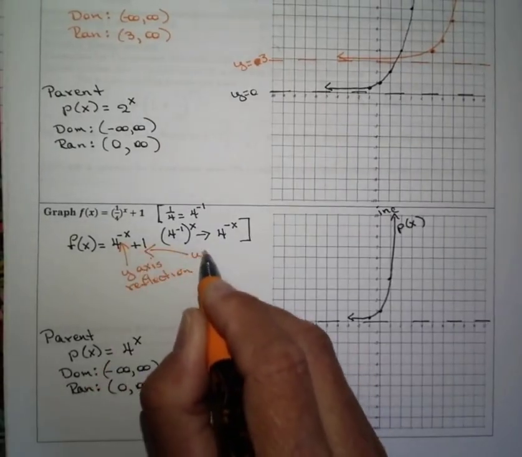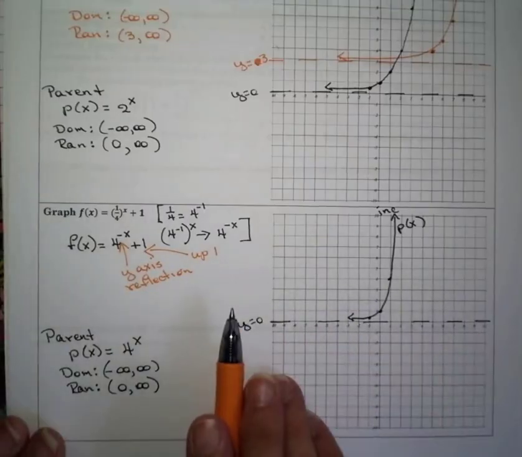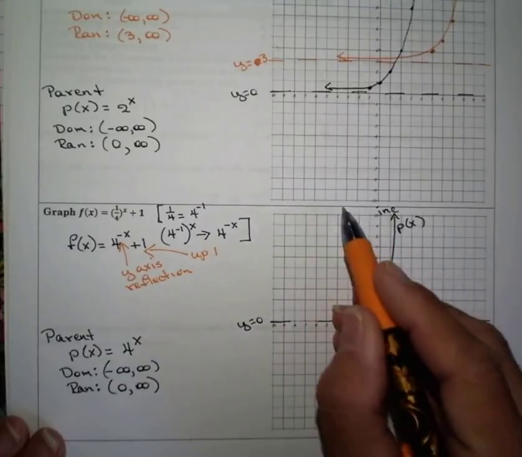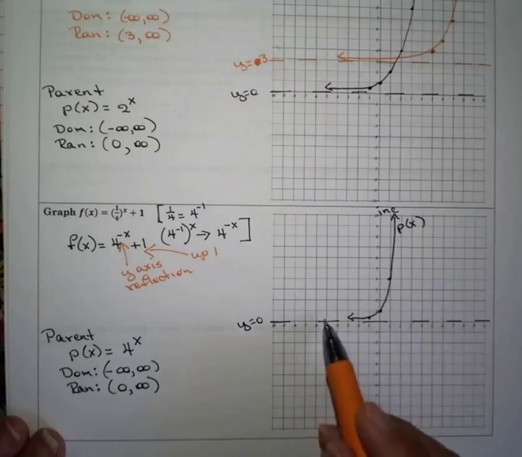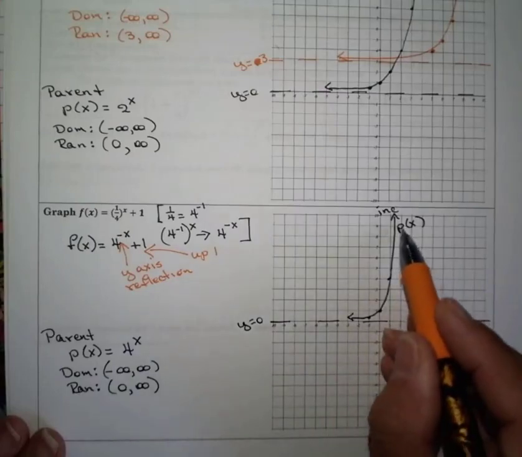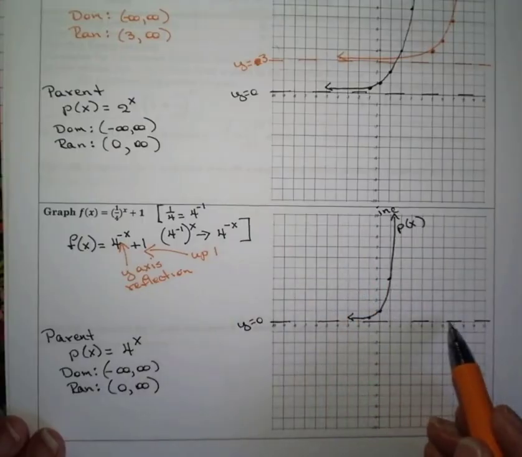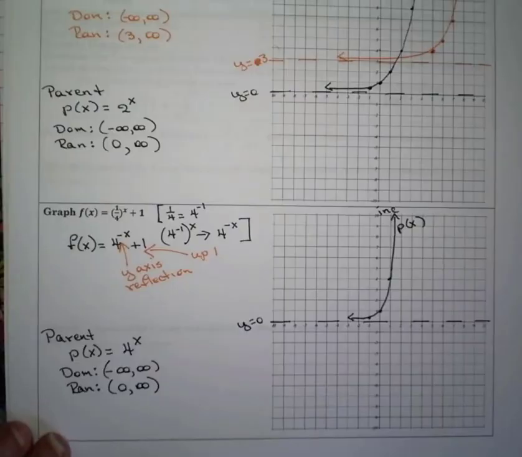It's up 1. Now, when this one flips around the y-axis, it stops being an increasing function, and it's going to turn into a decreasing function, isn't it? It's going to go from being rise to the right to going down to the right, isn't it? So that would be a decreasing function. That's always what a y-axis reflection is going to do to us.